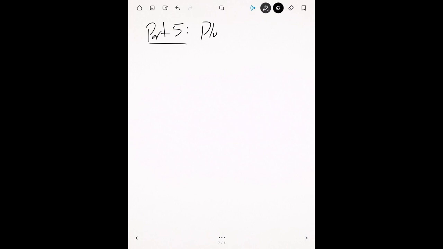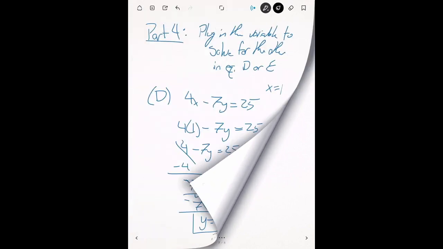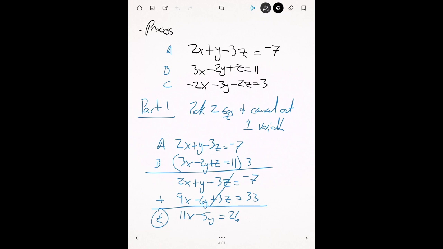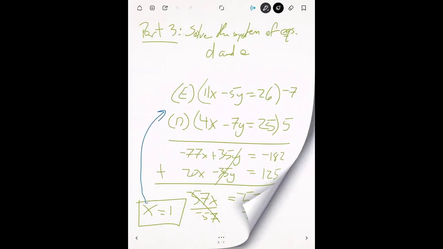All we need to do is plug the variables into equation A, B, or C. I know what x and y equal, so to figure out what z is, plug x and y into one of these original equations and figure out what z is. Simple as that. So okay, let's go ahead and do that.